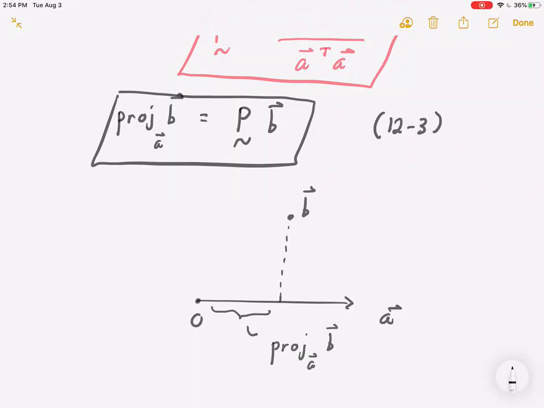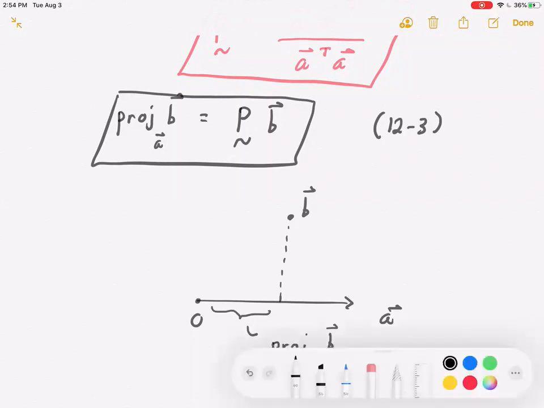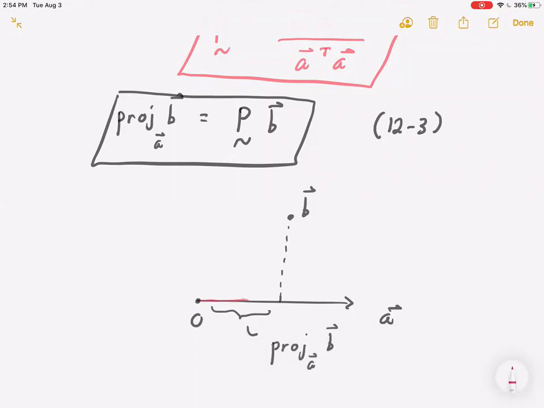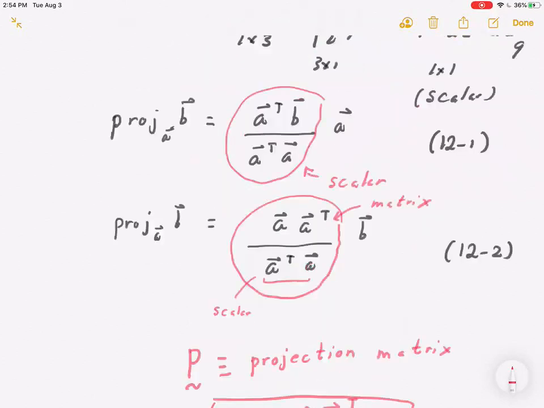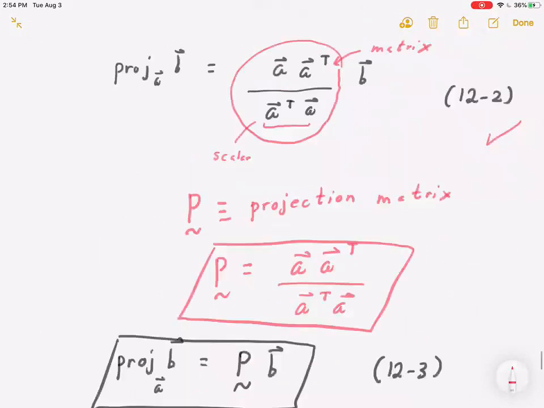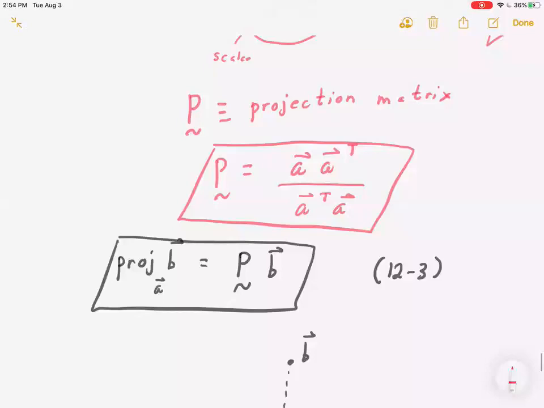And again, you could take a ruler and measure this, but linear algebra says, no, you don't have to do that. All you need to do is evaluate that expression or that expression or that expression. All three are the same.